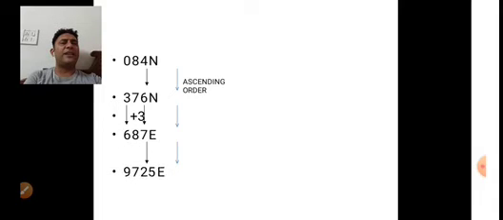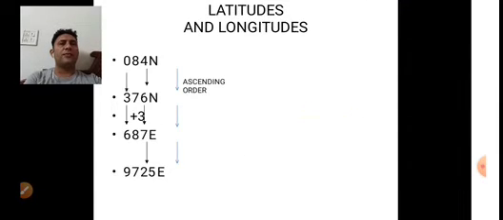Then we have 97 degree 25 minutes east, around Arunachal Pradesh on the easternmost boundary. Now, these are the latitudes and longitudes. These are the values once again.